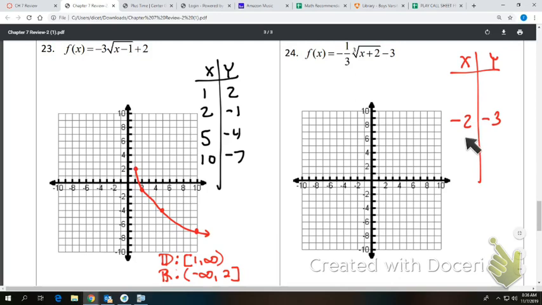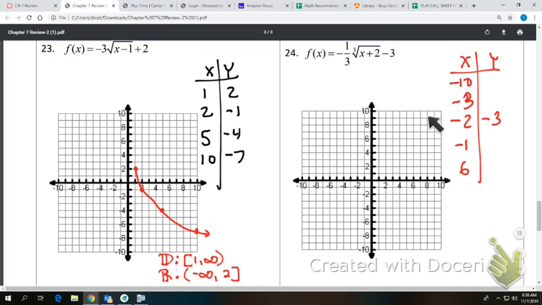And what am I going to count by for cube root? 1, then 8. So what's -2 plus 1? -1. What's -2 plus 8? 6. What's -2 minus 1? -3. What's -2 minus 8? -10.